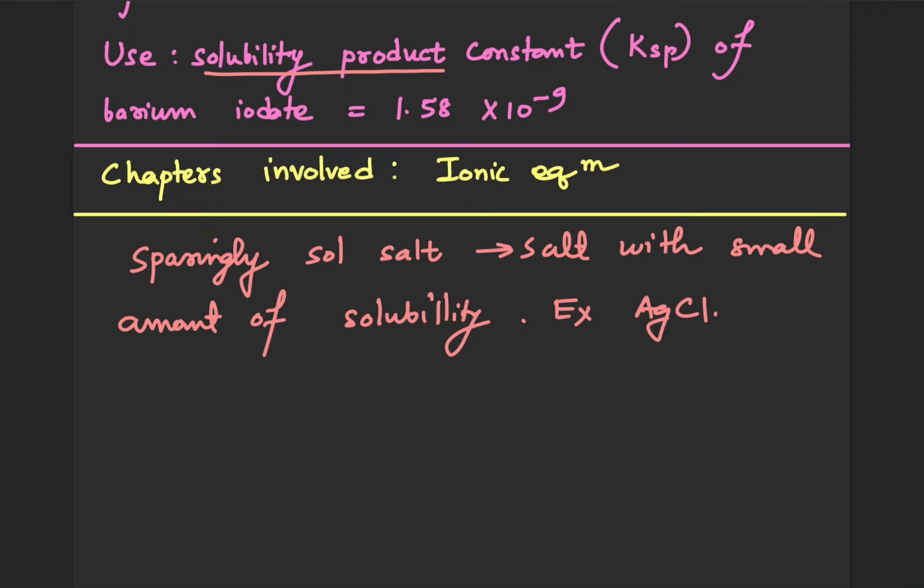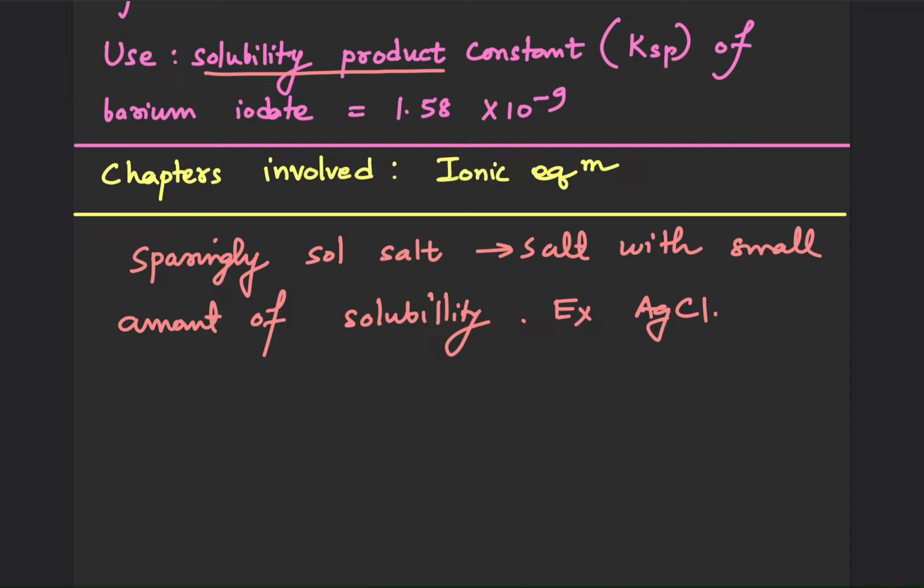So if a sparingly soluble salt is stirred with water, only a small amount of it goes into the solution. Makes sense because it is a salt with very small amount of solubility. So a very small amount of it goes into the solution, and most of the salt will remain undissolved, right? Because it is sparingly soluble.